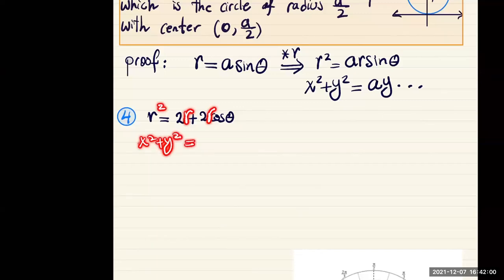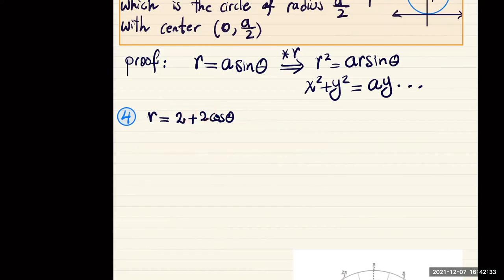But 2r is the square root of x squared plus y squared, unfortunately, and there's a plus or minus, because when you take the square root, you get two solutions. And then 2r cosine theta is just x. This is not nice at all. I mean, no one can look at this and identify the graph.